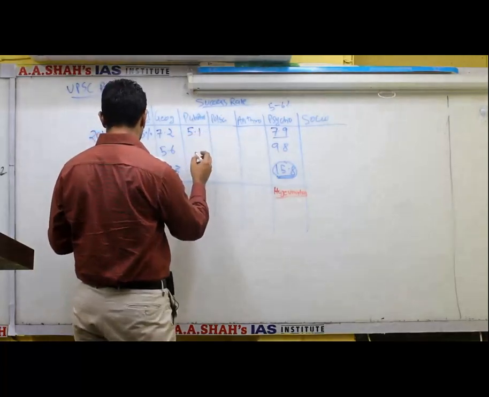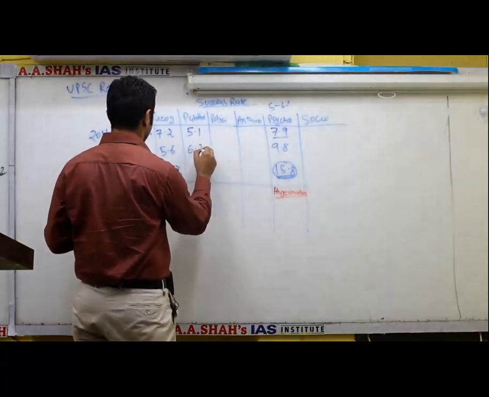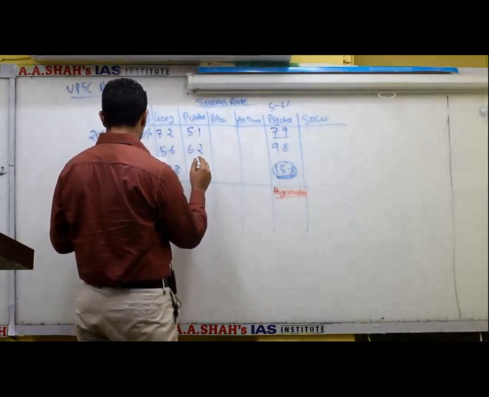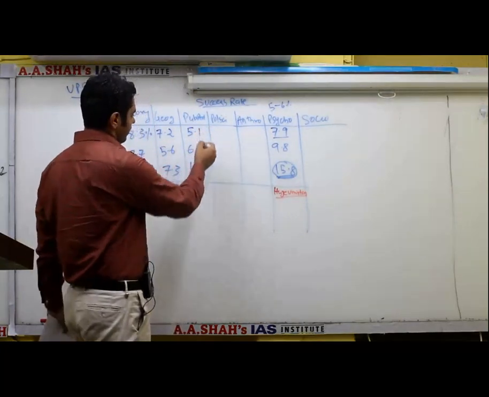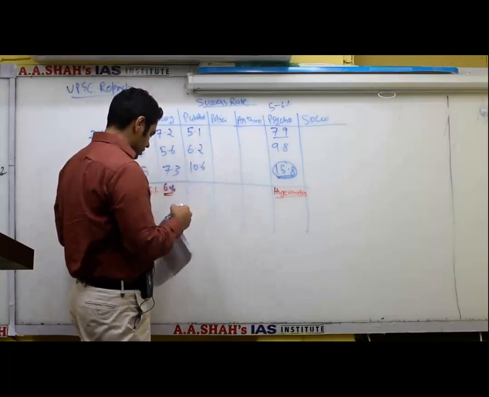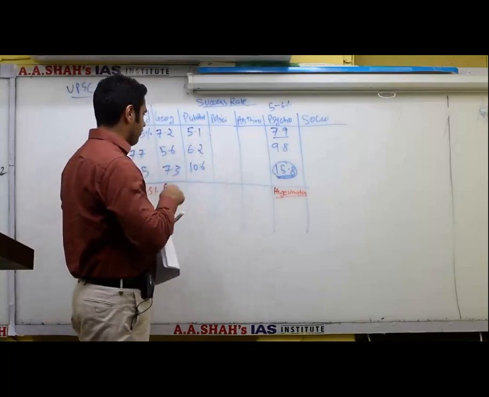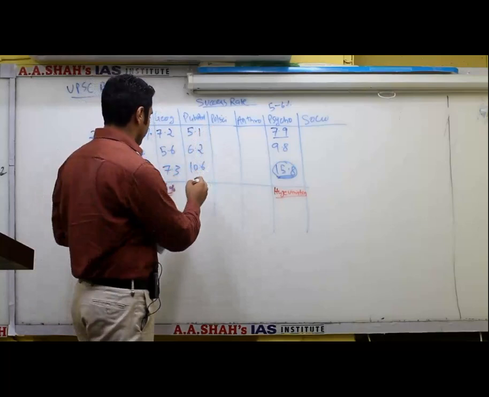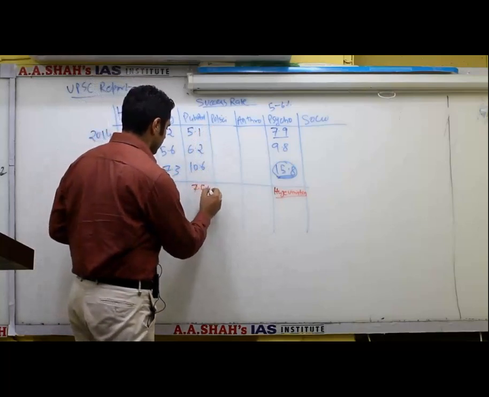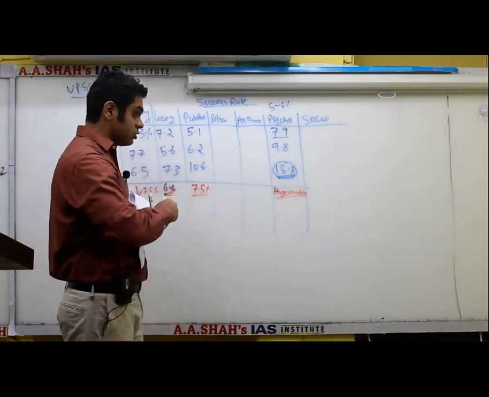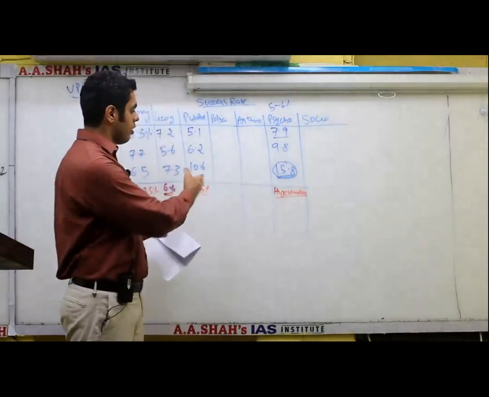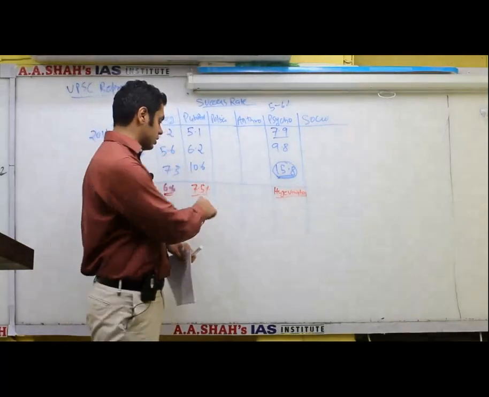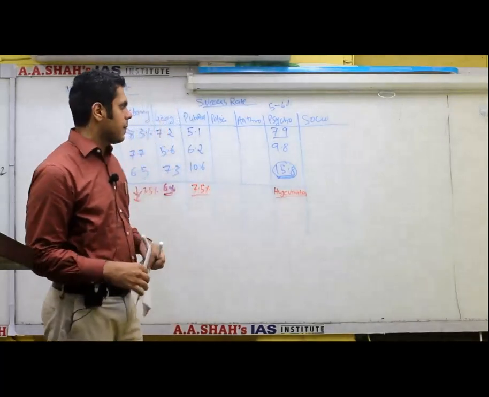In 2015, it had a success rate of 6.2%. In 2016, it had a success rate of 10.6%. So it is varying between 5 and 10. We'll say the average of this would be around say 7.5%. And this was very large before 2011. It was almost about 12 to 13%, which has come down to 7.5%.